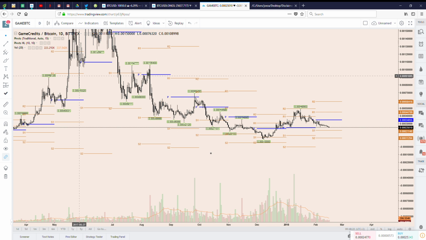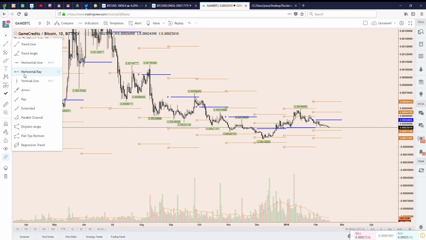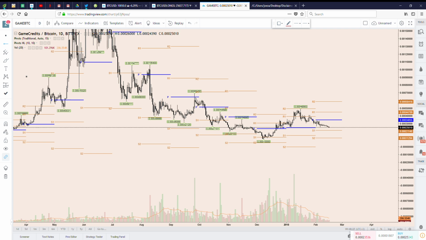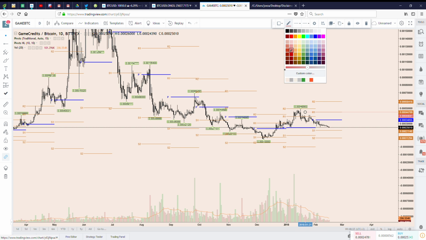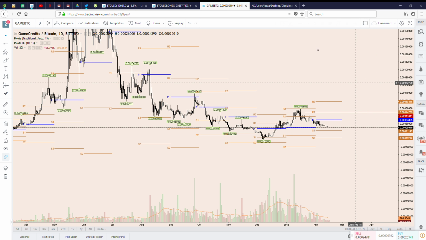So the next thing that I do is, for myself, I get some reference by drawing in the daily resistance, right? So I just chuck that in over there, and let's make this full color so that we can really see it. Let's also make it a little bit thicker.